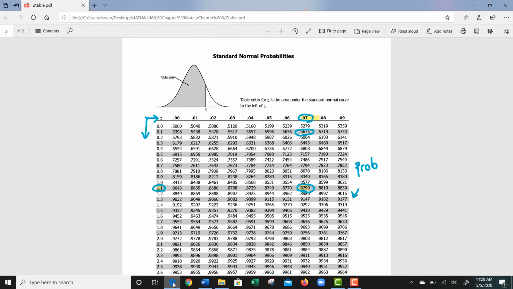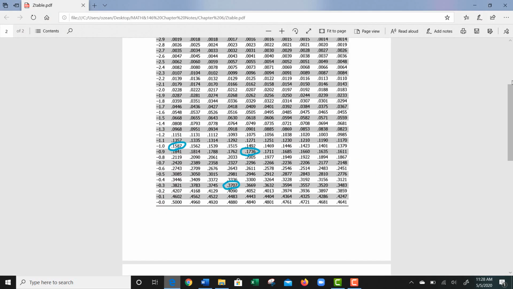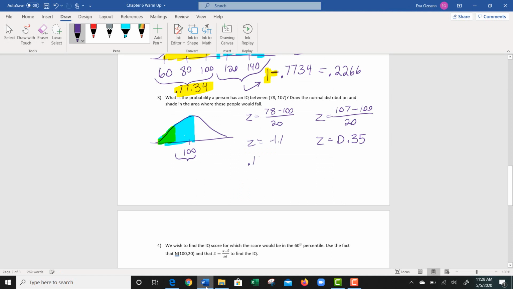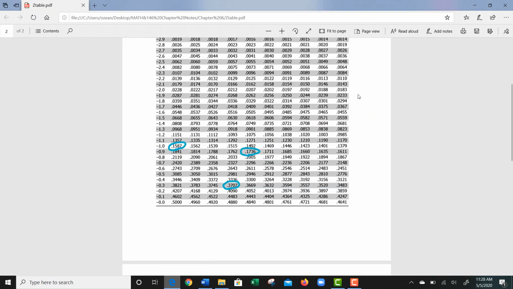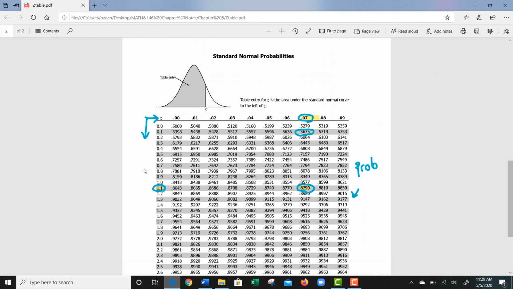So the z-score of negative 1.1 gives 0.1357, and the z-score of 0.35 gives us a probability of 0.6368.